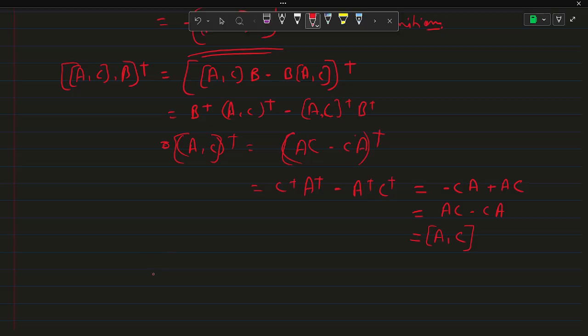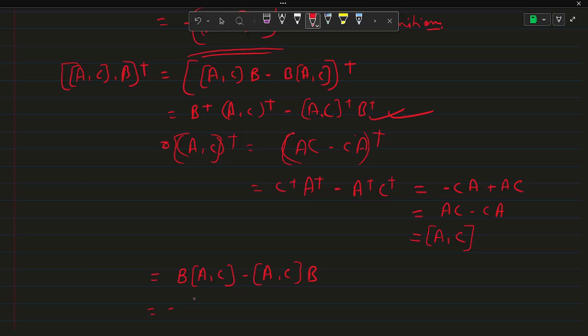Now putting this in this equation, we will get B dagger is B, AC dagger is AC minus ACB.